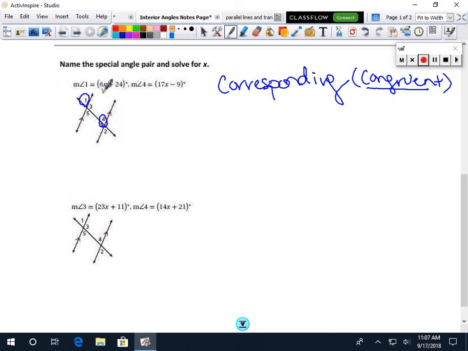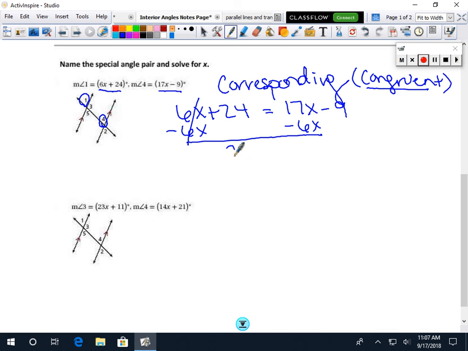To solve for x, I'm going to take the measure of angle 1 and set it equal to the measure of angle 4. So I have 6x plus 24 equal to 17x minus 9. At this point, I have the problem set up. I need to solve for x. First I'm going to subtract 6x from both sides.